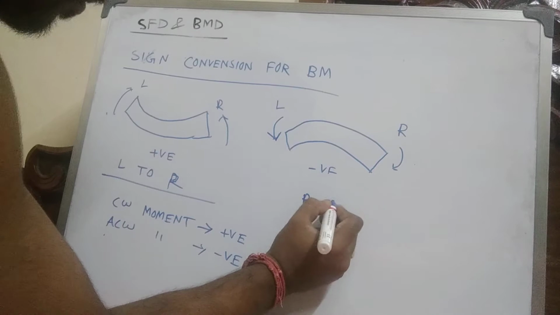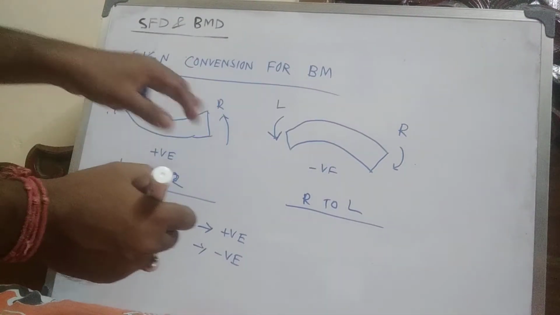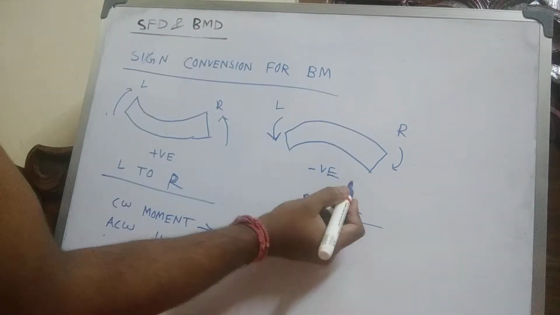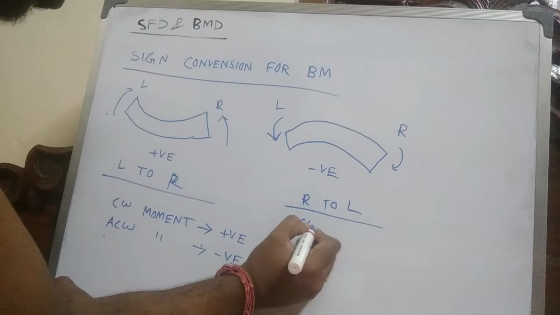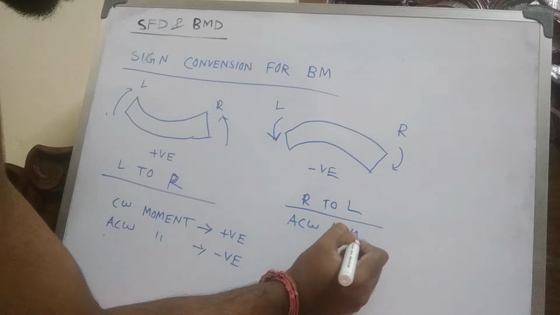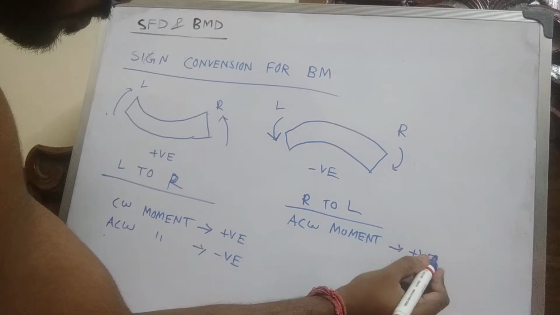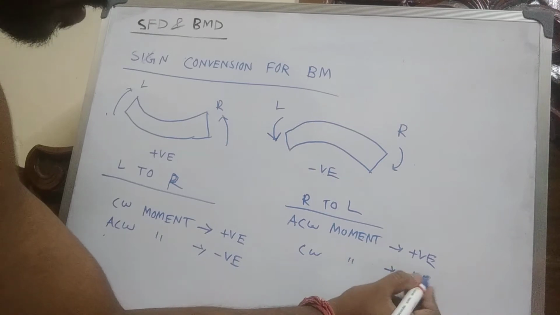And right to left, counterclockwise or anti-clockwise moment is positive and clockwise moment is negative. Understand?